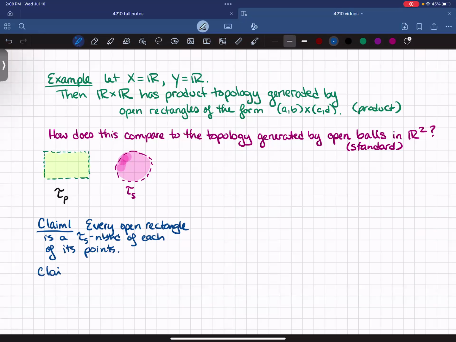And then claim two is that every open ball is a T sub P neighborhood of each of its points.